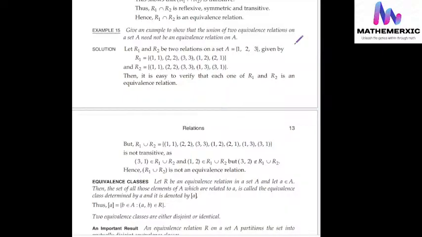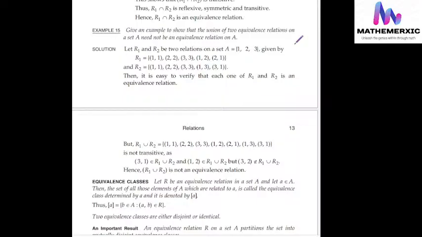So what is actually being detailed here is that we need an example to show the union of two equivalence relations on a set A need not be an equivalence relation on A. We have taken one set A of elements 1, 2, 3, and R1, R2 we have defined as the relations. We have taken the pairs (1,2), (2,1) there and (1,3), (3,1) here.